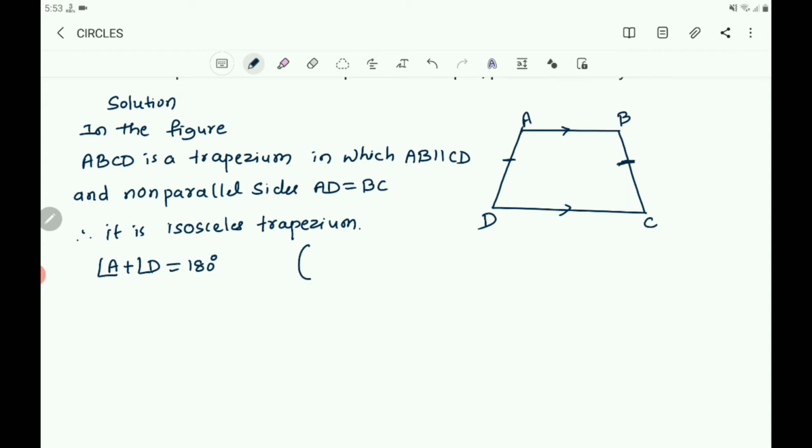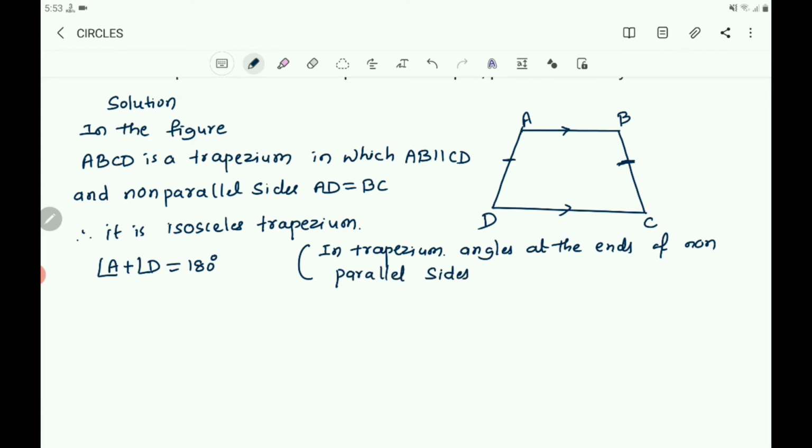You can take that in a trapezium, angles at the ends of non-parallel sides are supplementary.